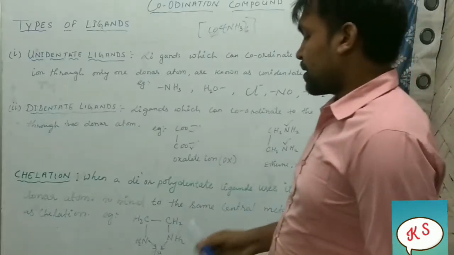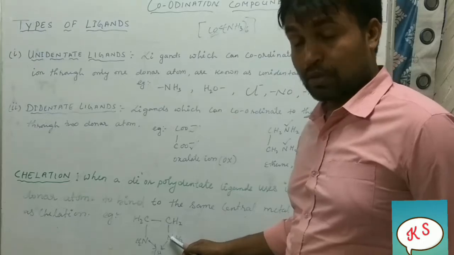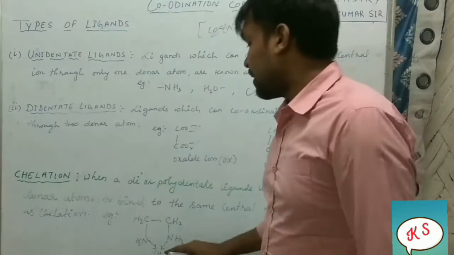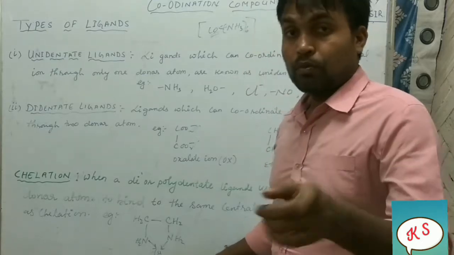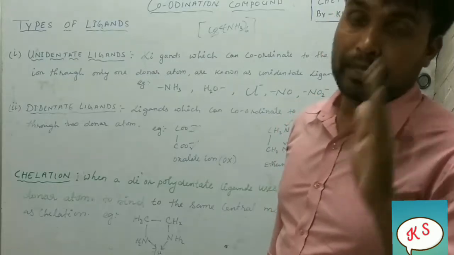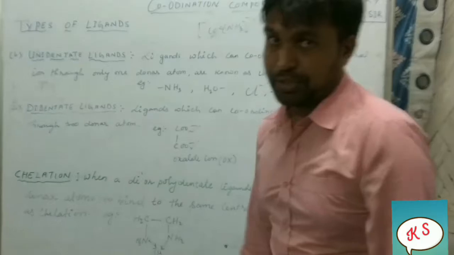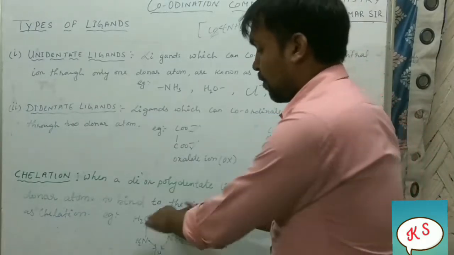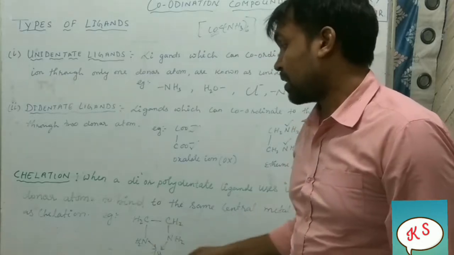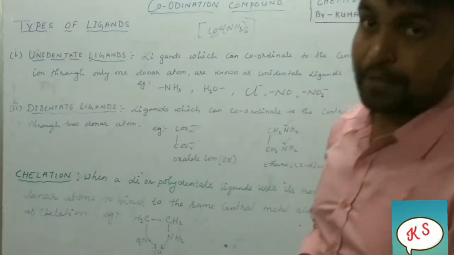You can see that there are two donor atoms, one here is N and here also is N. These two donor atoms are forming coordinate bonds with the same central metal atom. As a result, they are forming a closed structure. So this is called a chelating ligand, and the phenomenon is known as chelation.